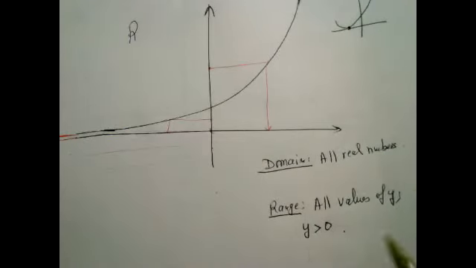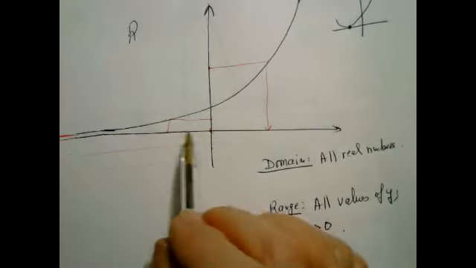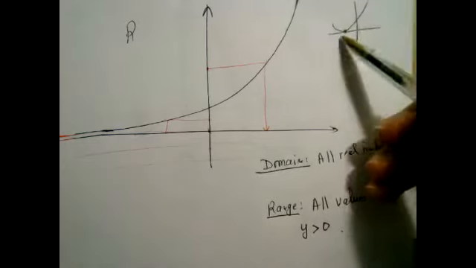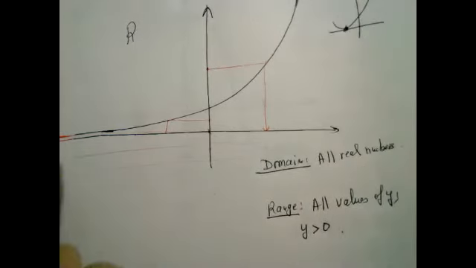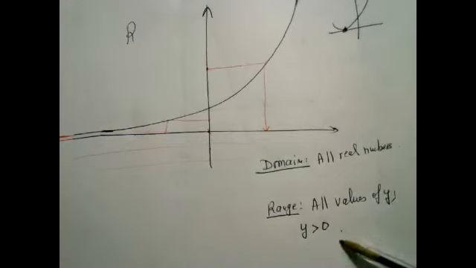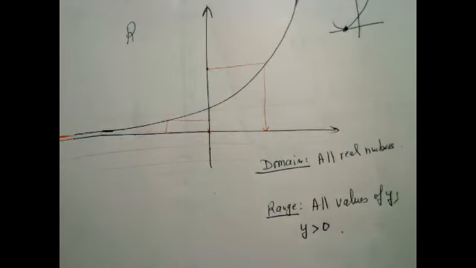So the output values are everything positive, but 0 is not, because the graph is not touching this at all. It keeps moving very close to it, but never touches it. That's why all the y values were strictly positive. 0 is not in the range because there is no input that gives me an output of 0. Okay?